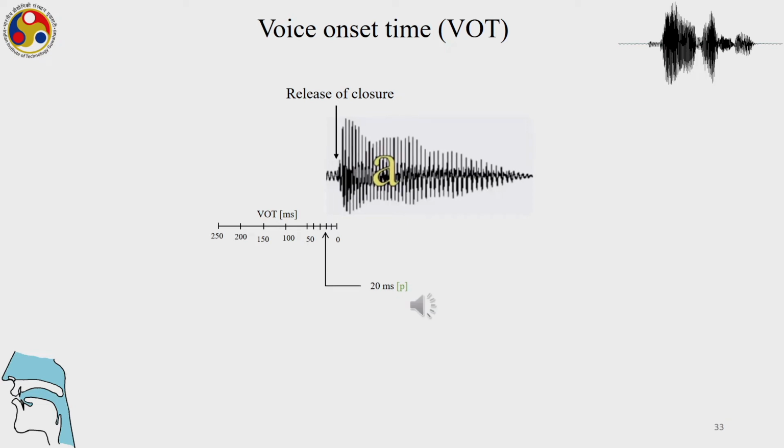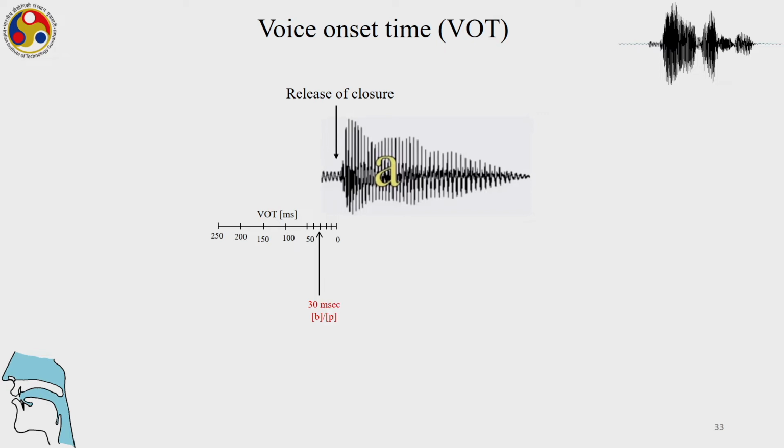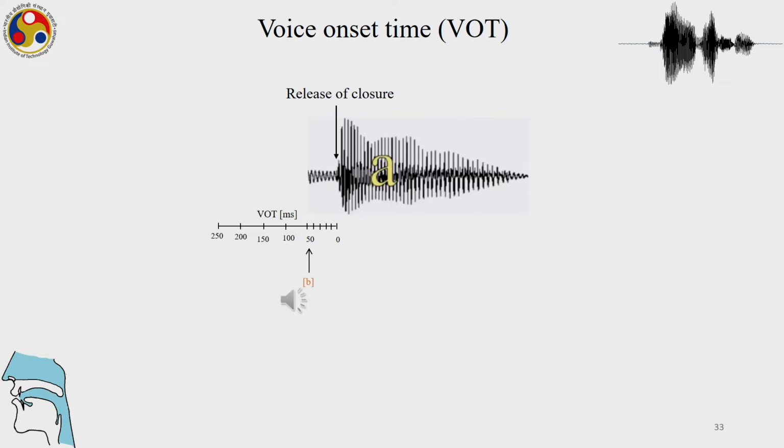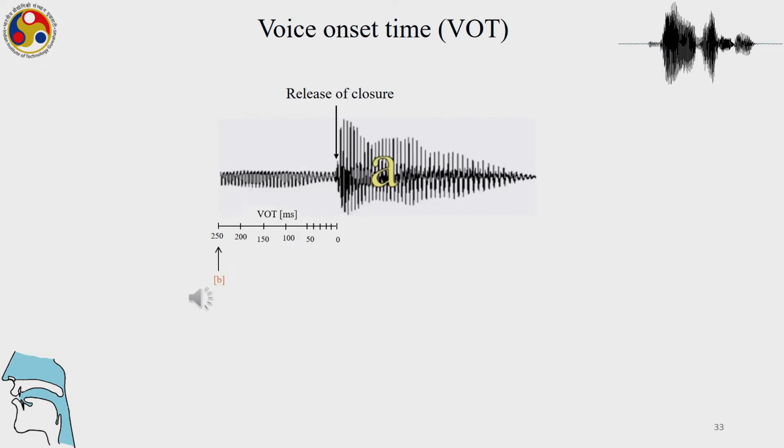So again, let's play with 20 milliseconds. Pa. Okay. So this is the category boundary that we're talking about, around 30 milliseconds. At that category boundary, on one side you will hear ba, on the other side you will hear pa. So let's play all the four sounds again, one by one, so that the point is clear. Ba.